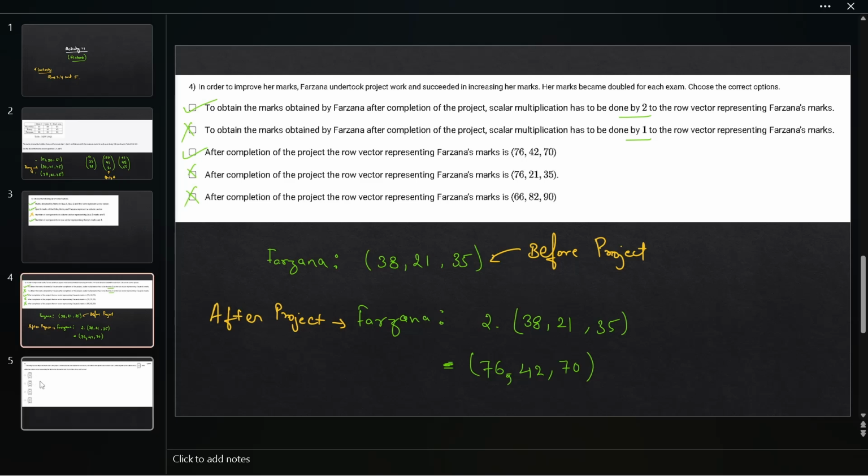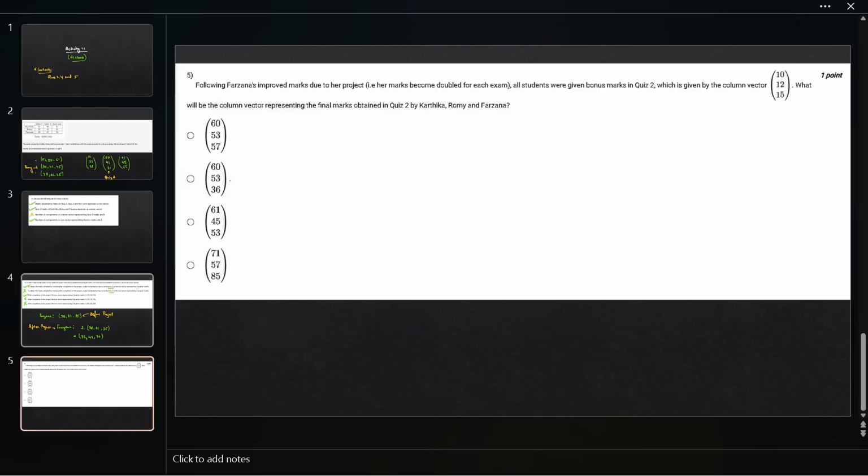Now moving on to question 5, we are given that following Farzana's marks improving due to her project, all students were given bonus marks in quiz 2, which is given by the column vector 10, 12, 15. What will be the column vector representing the final marks obtained in quiz 2 by Kartika, Rami, and Farzana?